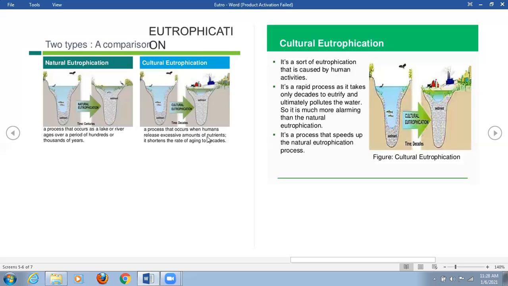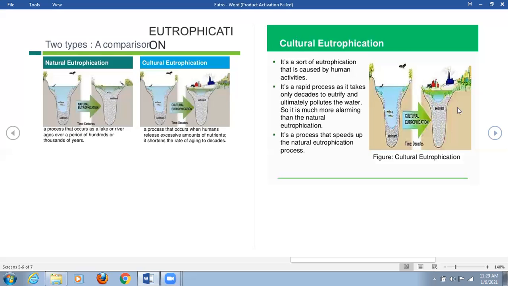They release an excessive amount of nutrients, and that industrial wastewater is discharged into the river without any treatment, and that's why the eutrophication process gets faster.